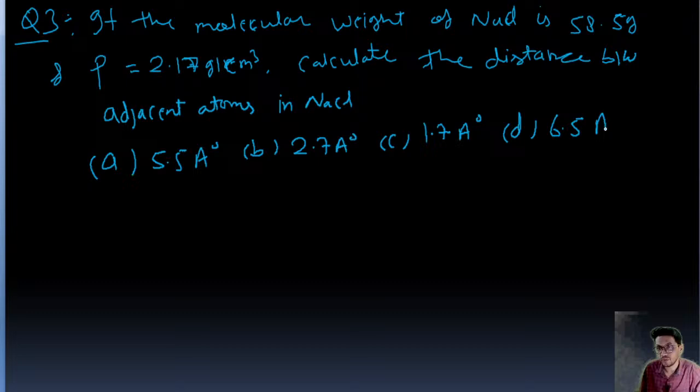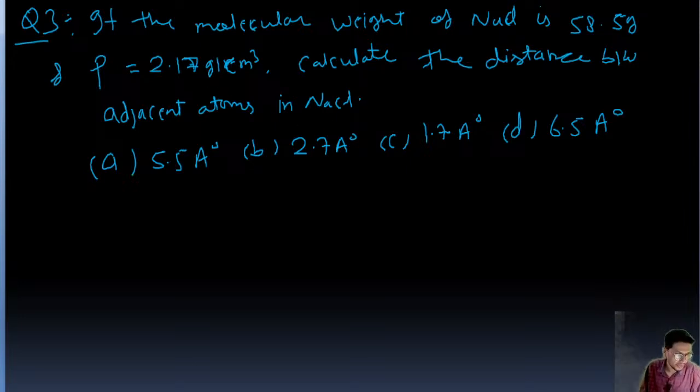So this is the question, guys. The molecular weight is given, that is 58.5 gram, and the density is given, 2.17 gram per centimeter cube. Calculate the distance between adjacent atoms in NaCl. That distance we need to find out.